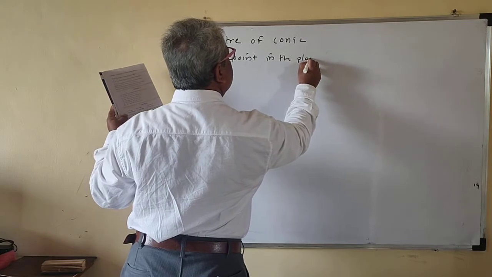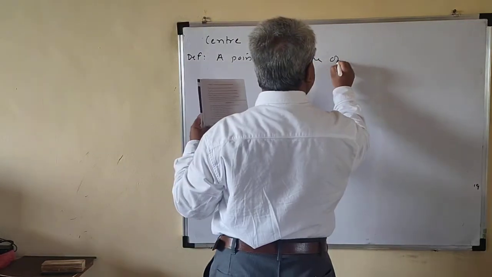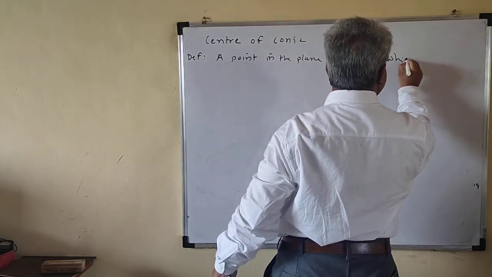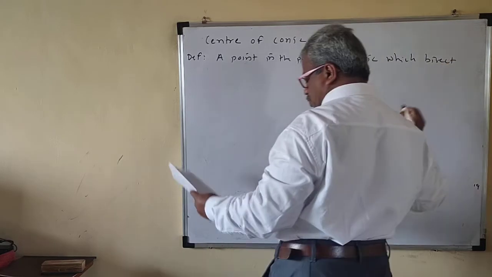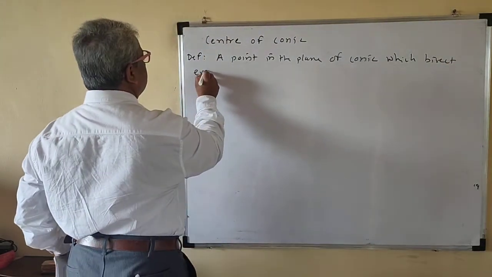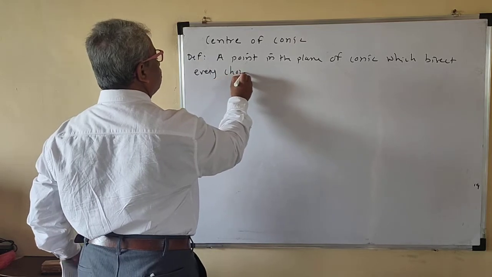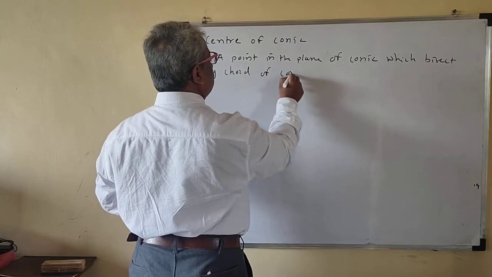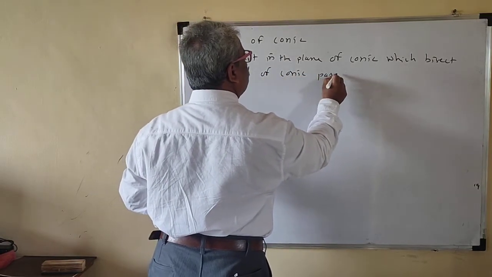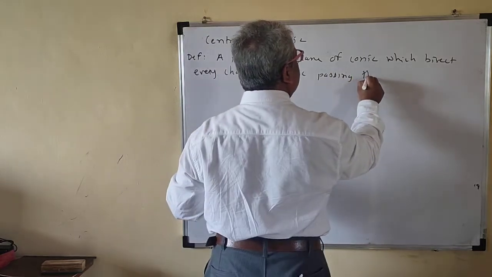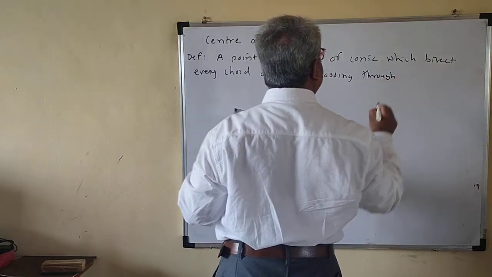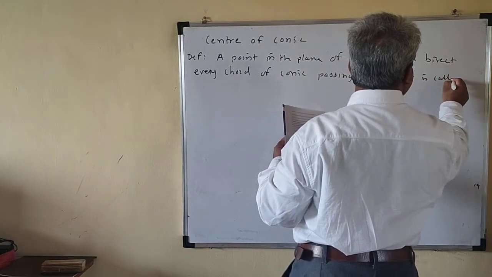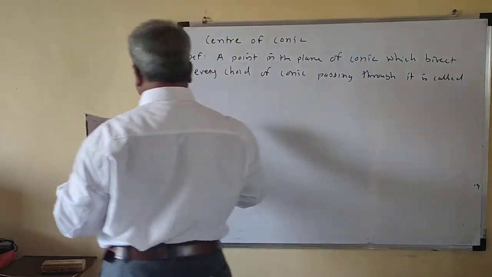A point in the plane of the conic which bisects every chord of the conic passing through it is called the center of the conic.